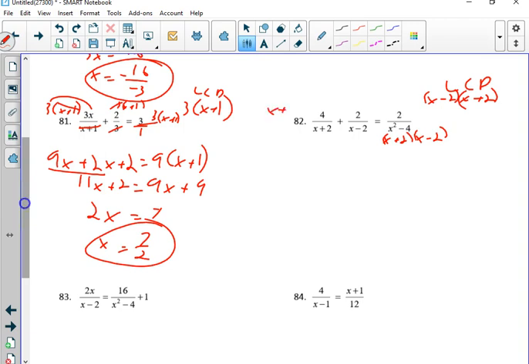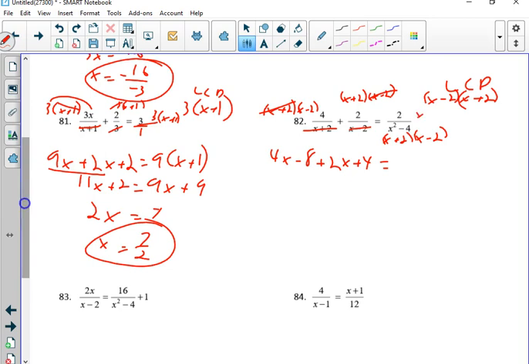Well, when I do this, (x plus 2)(x minus 2), the x plus 2's cancel, leaving me 4 times x minus 2. Here, (x plus 2)(x minus 2), the x minus 2's cancel, leaving me 2 times x plus 2.